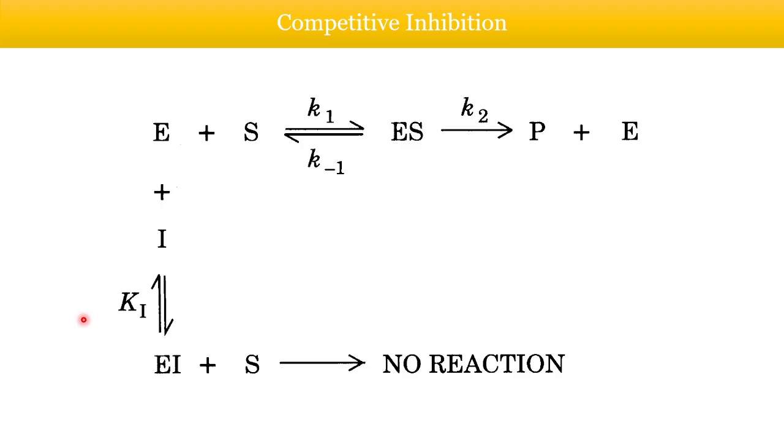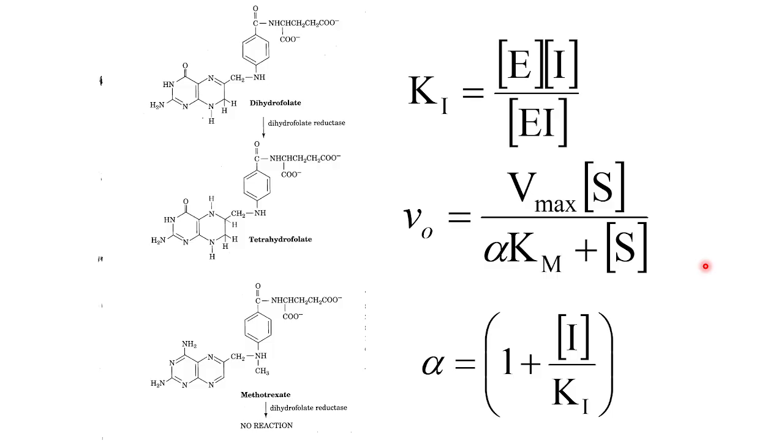So there is no reaction, or from a more scientific logical term we can say that you might get very little product, because this pathway is also on, but it depends on which is the more stable product and the higher affinity. That will determine which side the Le Chatelier principle will shift to.